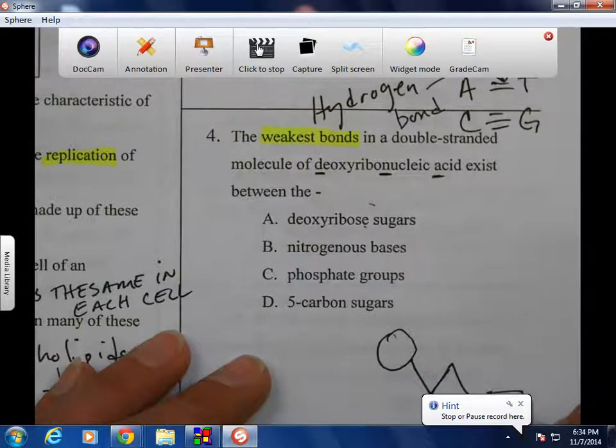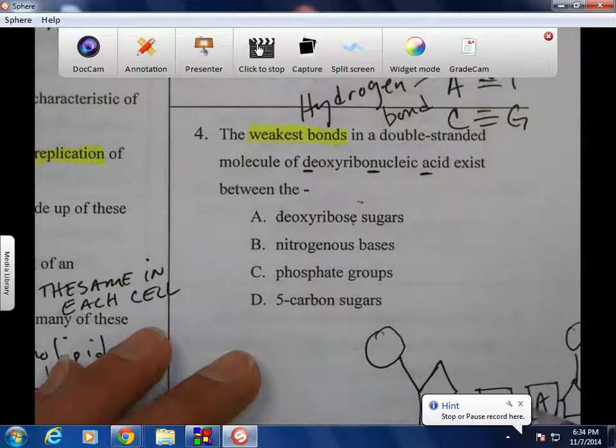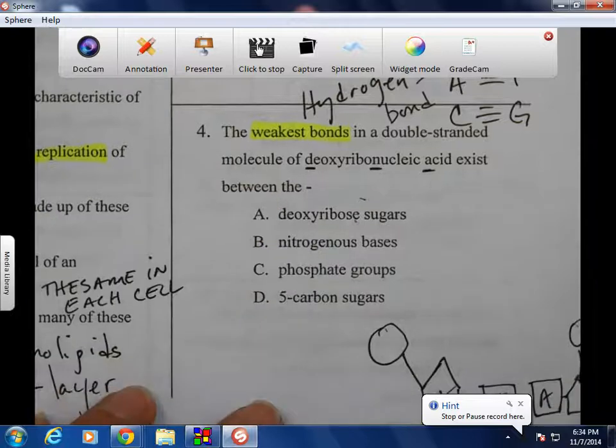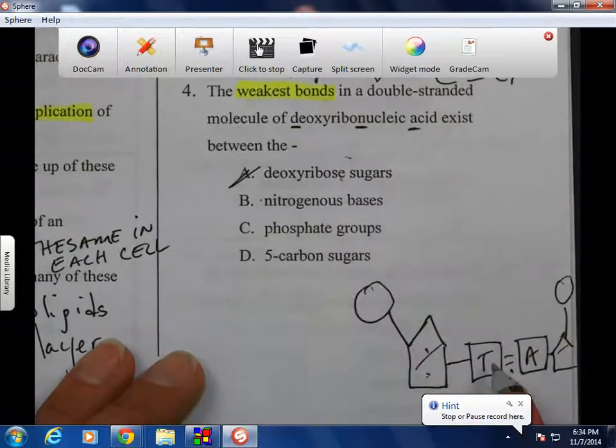Here's the nitrogen base. Here's another nitrogen base. Sugar, another phosphate. Well, it's not between the deoxyribose sugars, because these are the sugars, and here's the hydrogen bond. Nitrogen bases, yes, it is between the nitrogen bases.